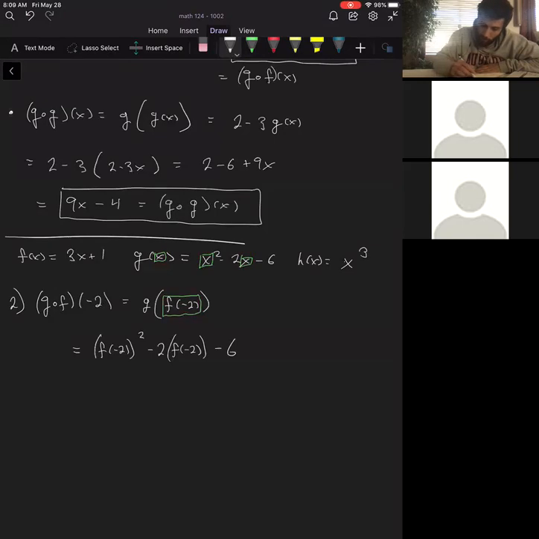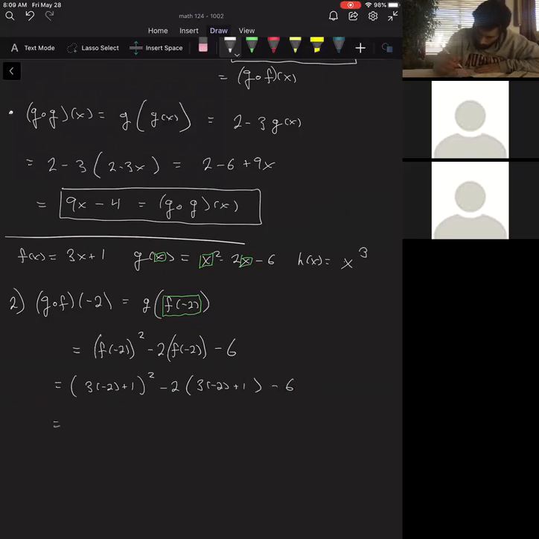Okay, so what is f of minus 2? Well, f is over here. It's 3x plus 1. So f of minus 2 is 3 times minus 2 plus 1. So square that, and minus 2 times f of minus 2, which is 3 times minus 2 plus 1, and then subtract 6.